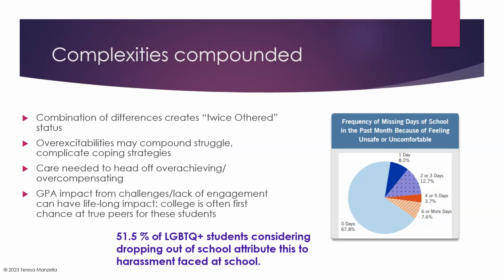And a big concern for students, especially students who are members of the gender and sexual minorities, is that they can take a hit to their GPAs because of the challenges that they face and the lack of engagement that they might experience, because they're afraid to go to school. You can see here some of the statistics, and these are for LGBTQ plus students, on the frequency of missing days.